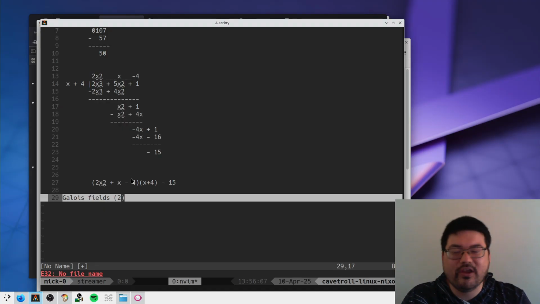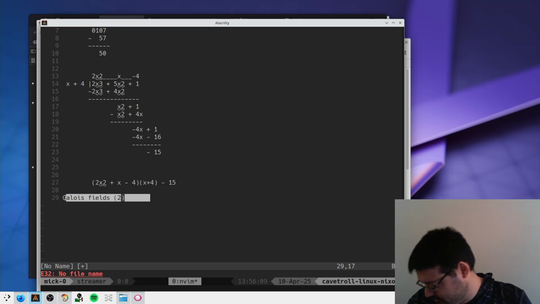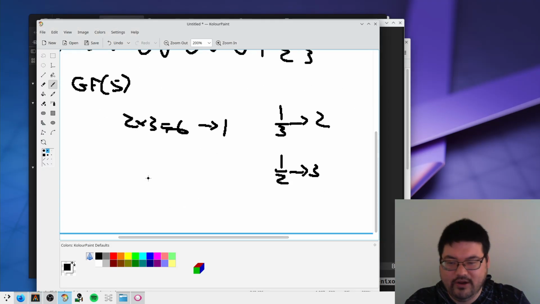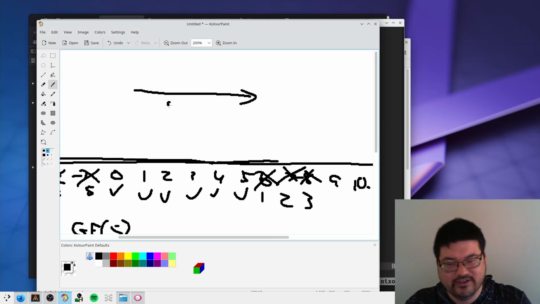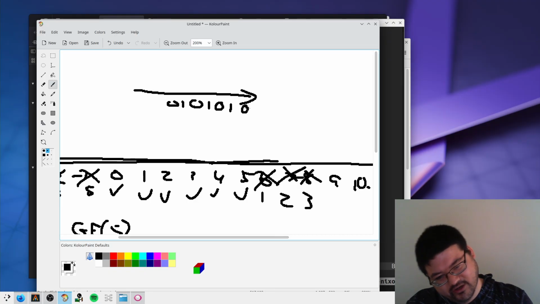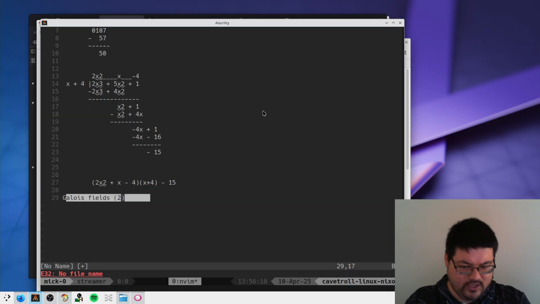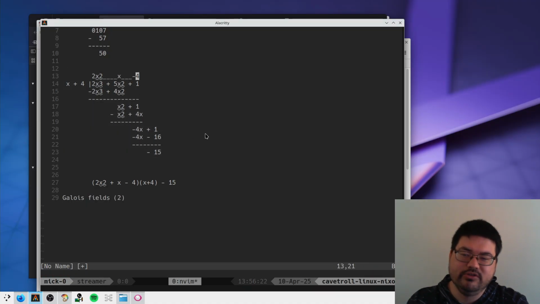So we work in Galois field 2, 1s and 0s. Your number line for Galois field 2 is 0, 1, 0, 1, 0, 1, 0, 1 forever. So we'll go back to this polynomial division. Say we want to do this polynomial division, but in Galois field 2. So you're like, 2x cubed, not allowed.